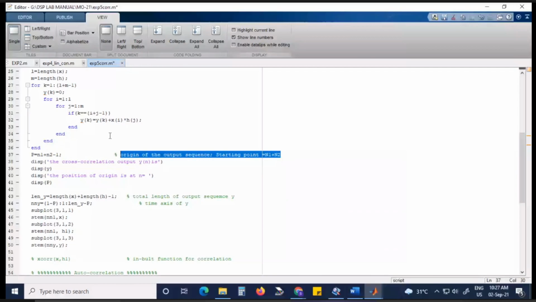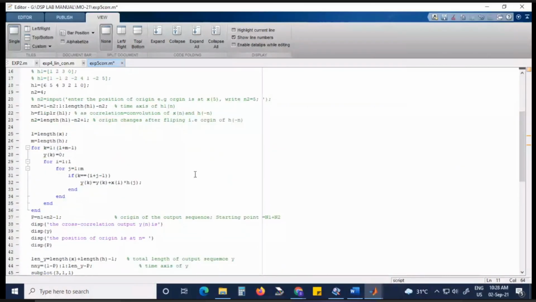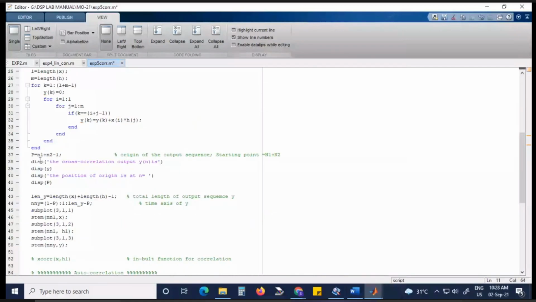You can see that we mention it as the position of origin, not the starting value. Since you have to write in MATLAB accordingly, the position of the origin would be P, that is n1 plus n2 minus 1.